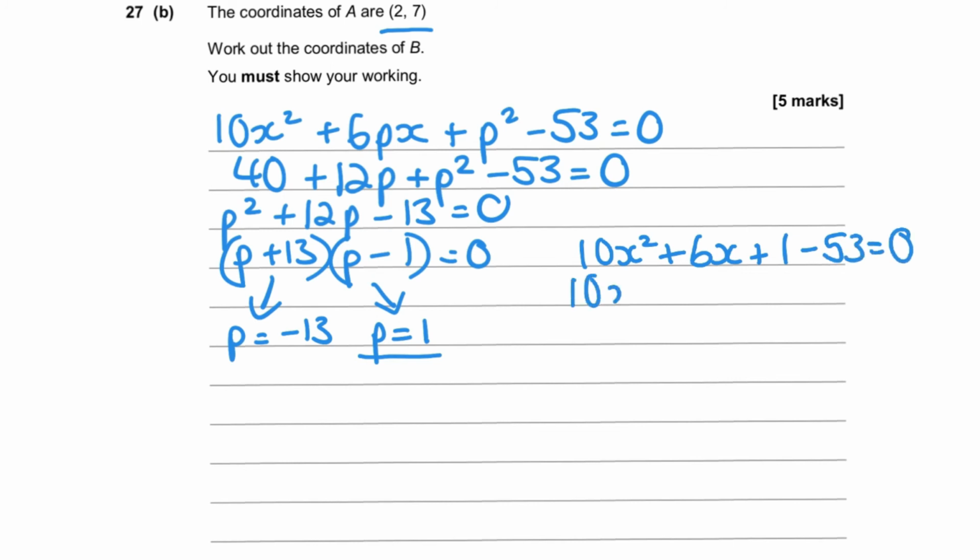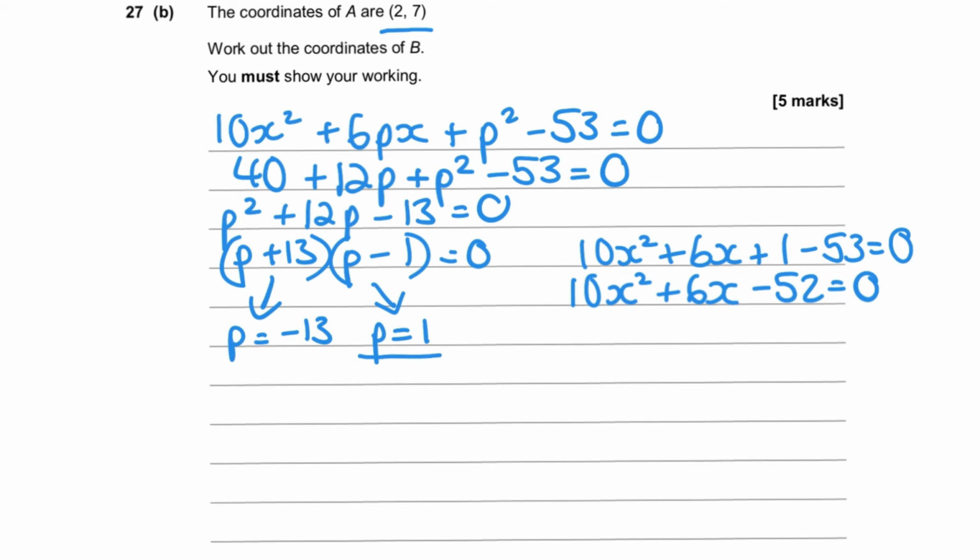So we've got 10x squared plus 6x minus 52 is equal to 0. This equation is going to be a little bit difficult to factorise because there's a 10 in front of the x squared. I've got a whole other video on my YouTube page about factorising these kinds of equations, so I'm not going to go into a massive amount of detail here.